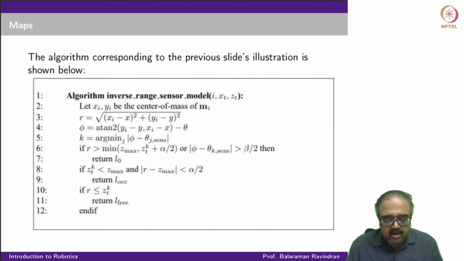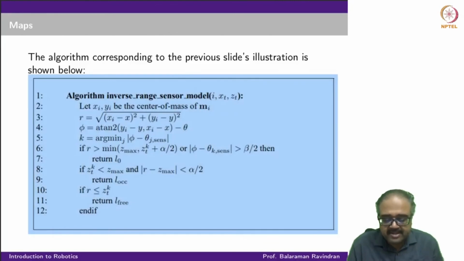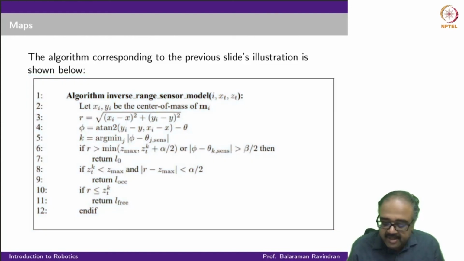Or on the other hand, r is the distance to the cell, and z_t^k is the distance at which I have sensed an obstacle. If r is less than z_t^k, then I'll say the cell m_i is free, so l_free.